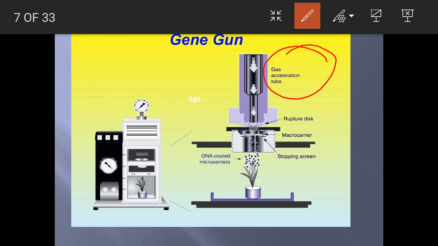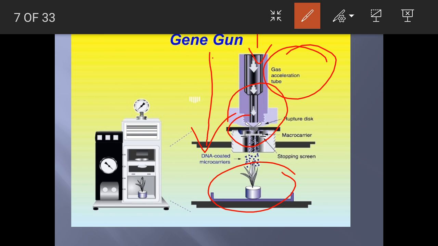The gas is passed in with a high velocity, which is going to rupture the disc, and within this you can find the microcarriers, that is gold and tungsten particles coated with the desired DNA or gene. So this whole instrument is what we call the gene gun. On the upper side we insert a high pressure or high velocity with the help of the helium gas, and here the tungsten or gold particles, which we call microcarriers, are placed.